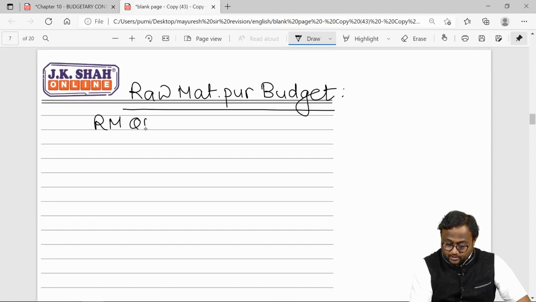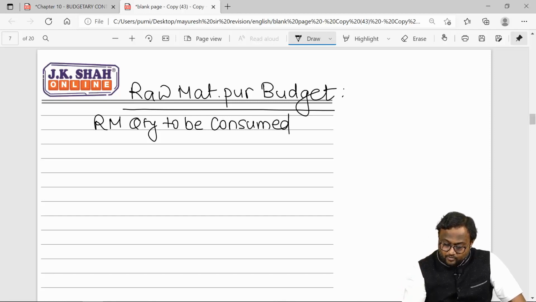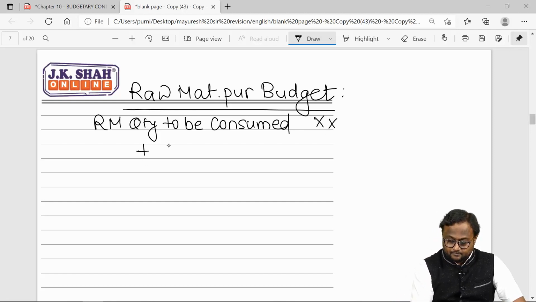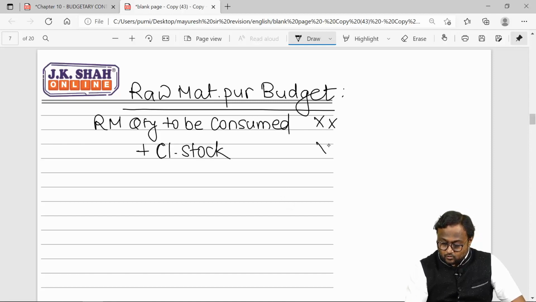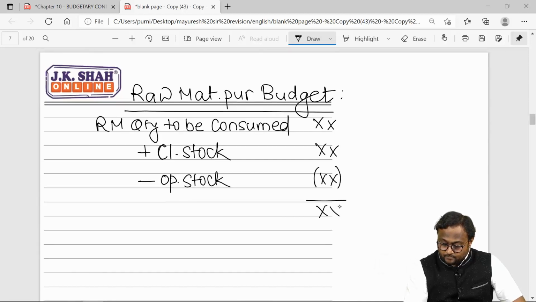Raw material quantity to be consumed. Add closing stock of raw material, subtract opening stock of raw material.